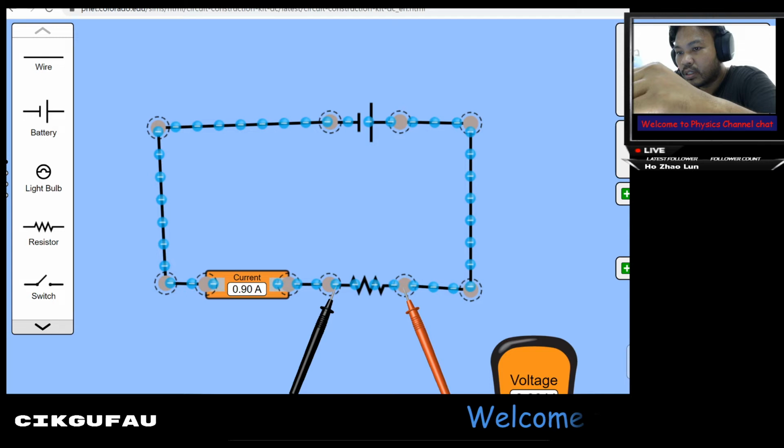So if I adjust the voltage higher, by definition, voltage is the same as joules per coulomb, right?